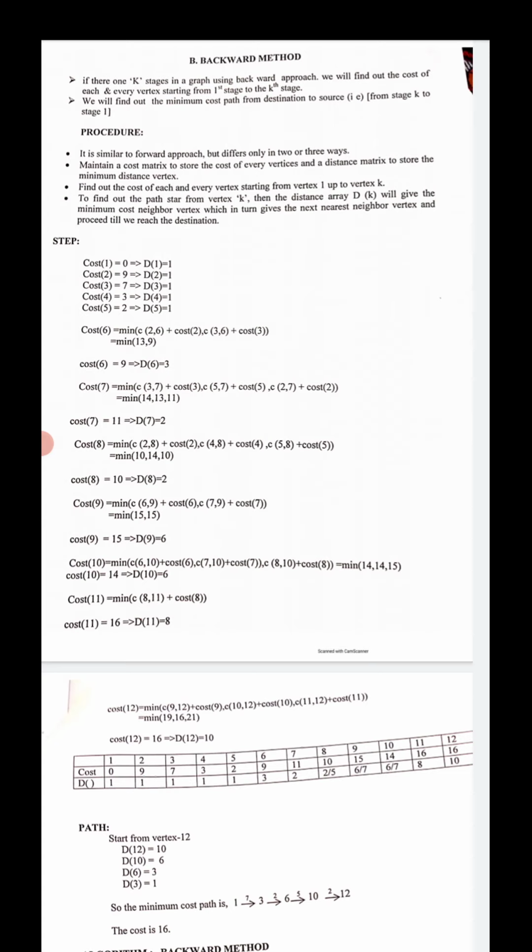Coming to the cost of 4, from 1 to 4, the cost will be 3. Now coming to the cost of 5, from 1 to 5, the cost will be 2. Now we have to calculate the destination of 1. The destination of 1 will be 1 only, since the vertex we start at is vertex 1.